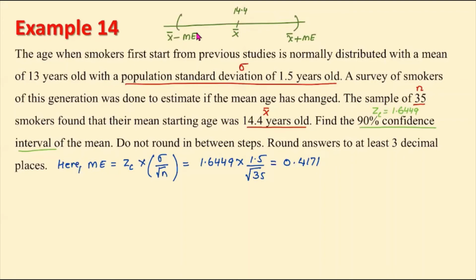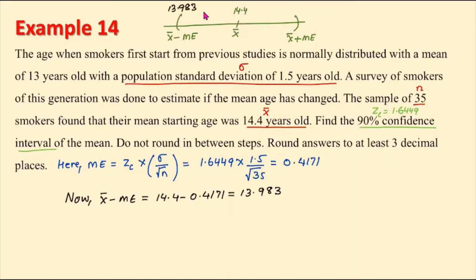Once we have the margin of error, we can subtract it from the point estimate to get the left boundary. Our left boundary is the mean minus the margin of error, which is 14.4 minus 0.4171, equal to 13.983.